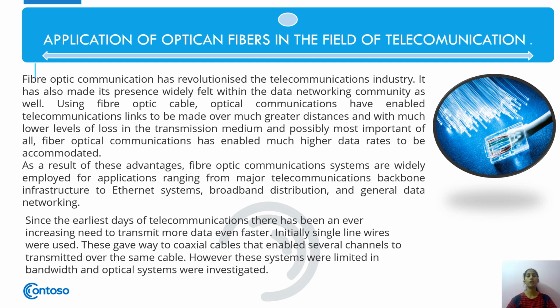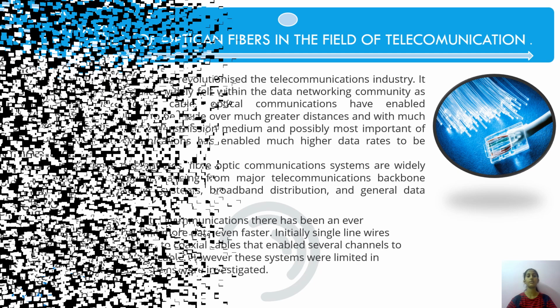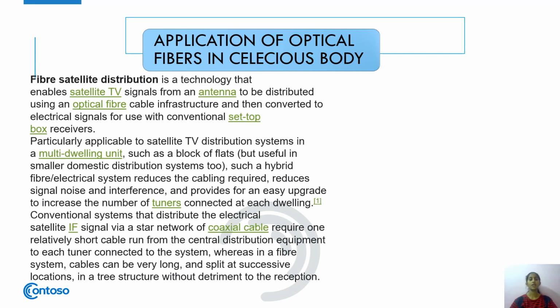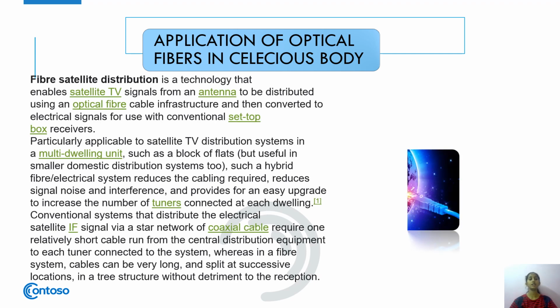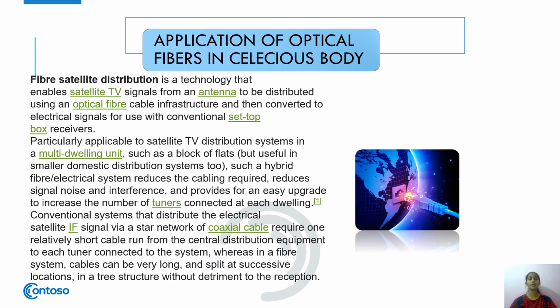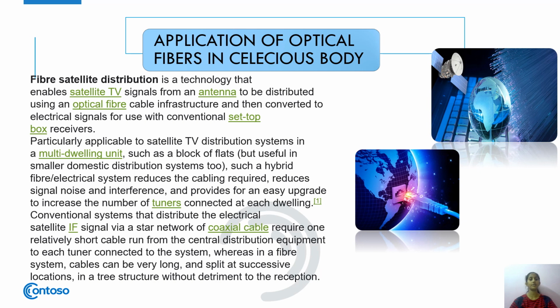So let's go to the application of optical fibers in satellite distribution. Fiber satellite distribution is a technology that enables satellite TV signals from an antenna to be distributed using an optical fiber cable infrastructure and then converted to electrical signals for use by conventional set-top box receivers.